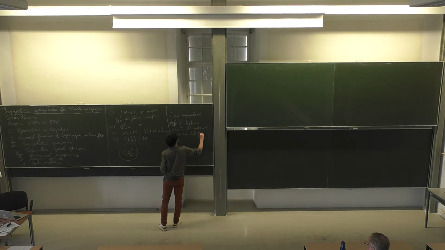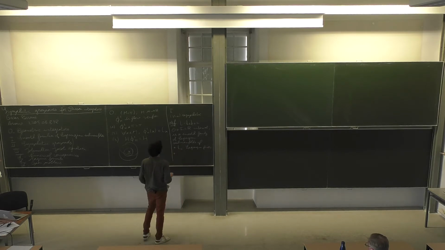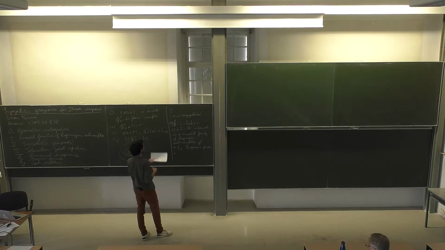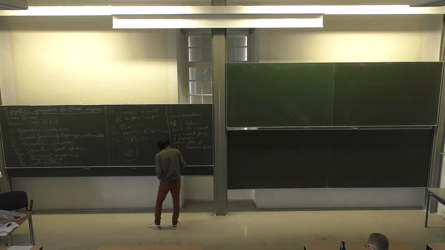Smooth family of Lagrangian submanifolds if, well, L_t is Lagrangian for each t. And what could be a smoothness notion for this kind of object?